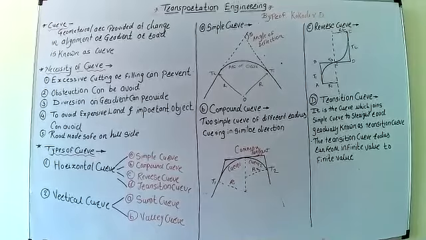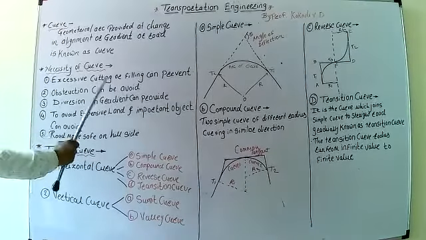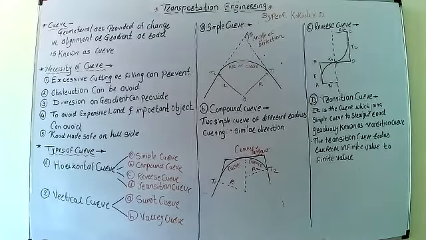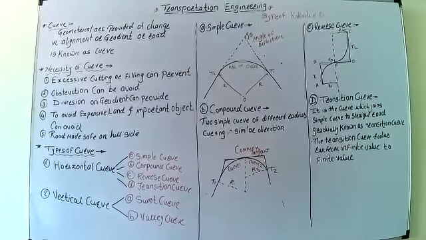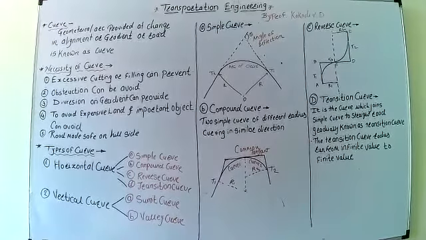The next point is that obstruction can be avoided. Okay, what is the meaning of obstruction? In the last chapter we discussed how we finalize the alignment.